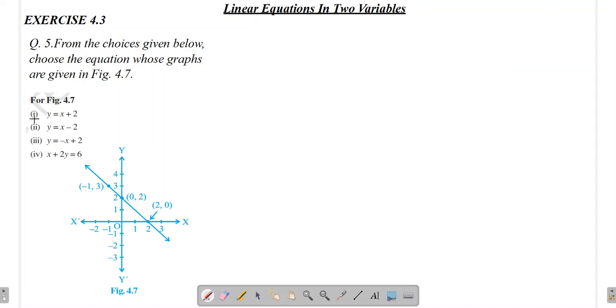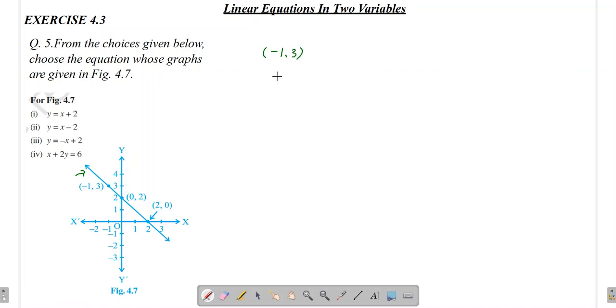So you can see here 4 different equations are given and a graph is mentioned over here. What we need to do is to find out that this graph represents which one of these equations. How to do? If you can see, there are 3 different points given on the line.